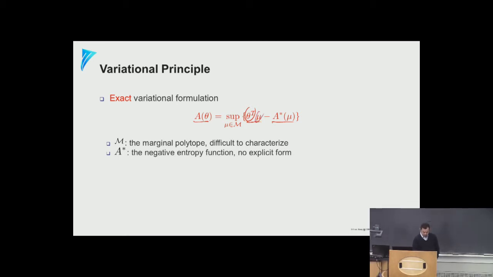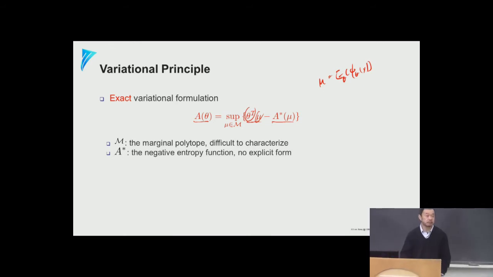In fact, mu satisfy some constraints, which is the expectation of the sufficient statistics, right? And then this A star we derived already corresponds to what? The entropy of the original distribution.